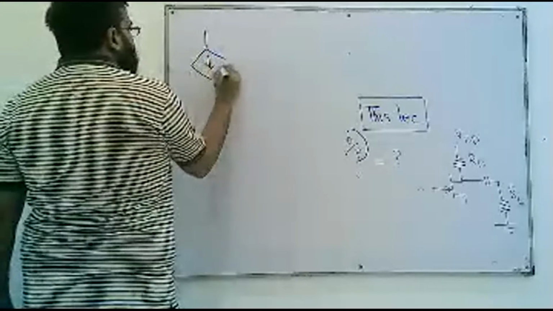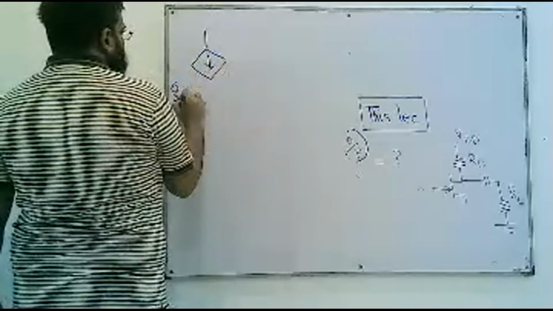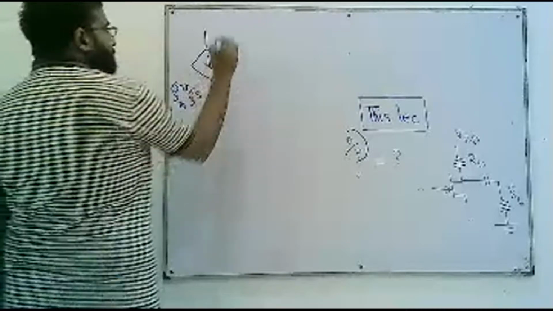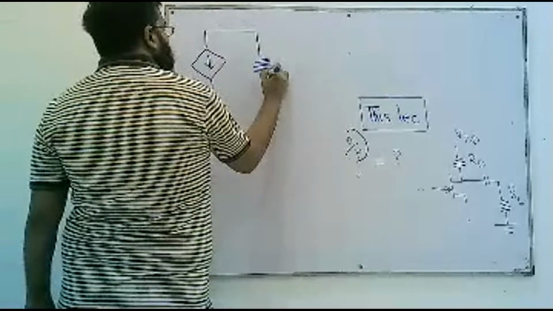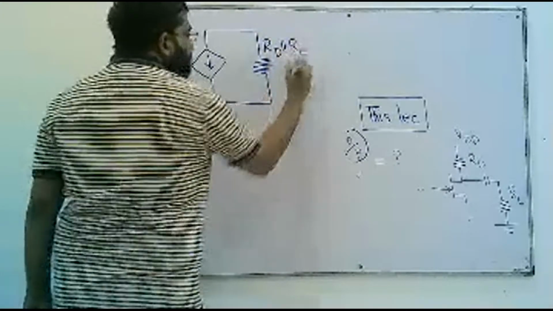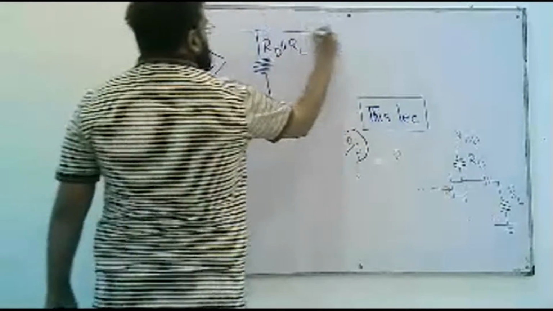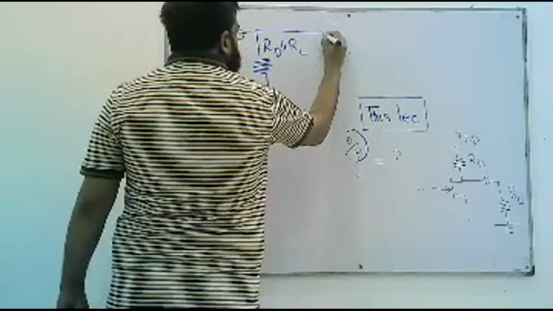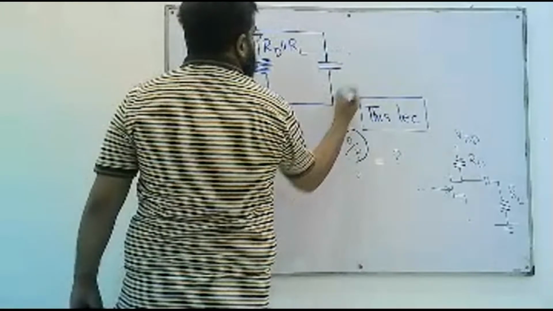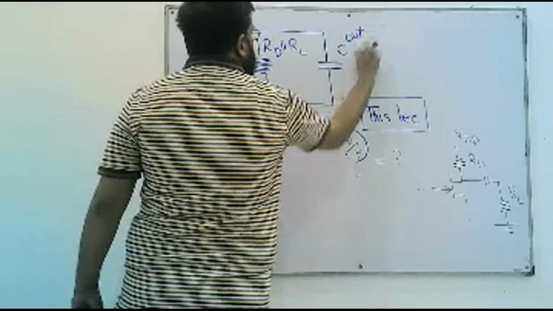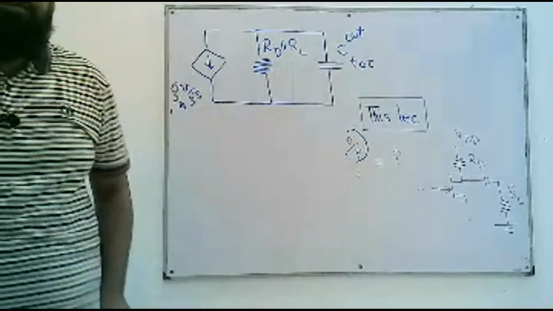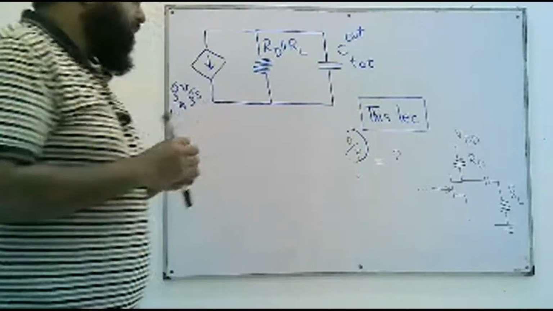This is the dependent current source whose value is dependent on the input voltage VGS. What this source says is this RD in parallel with RL, and in parallel this coupling capacitor is bypassed in parallel with C out total, and the output is computed across this capacitor.